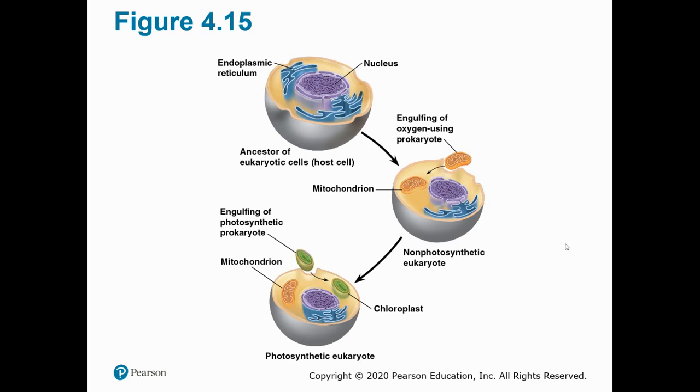And they established this symbiotic relationship that was a benefit for both of them. And the thought is that the mitochondrion came first because everybody has mitochondria, but only some have chloroplasts. So the mitochondrion came first, and then cells can do photosynthesis, but they have mitochondria too.